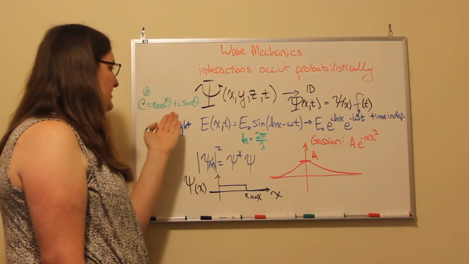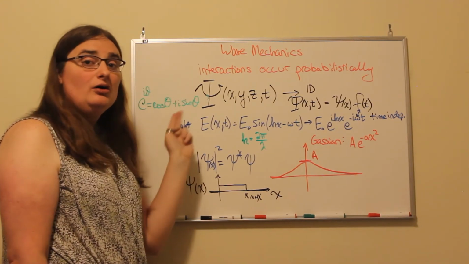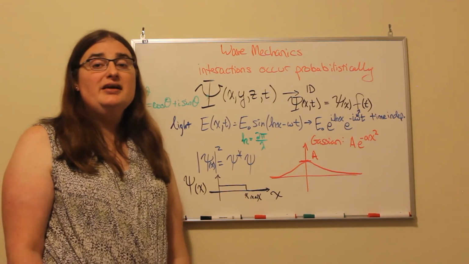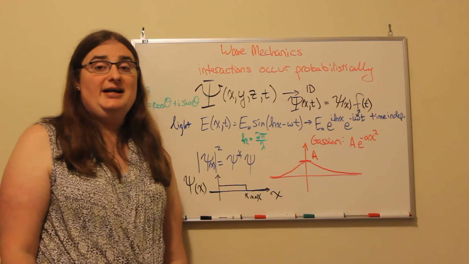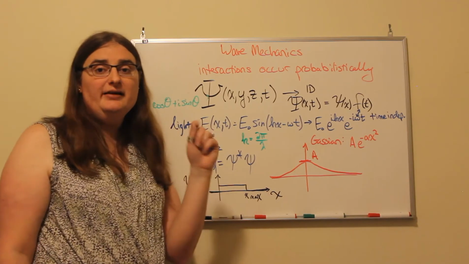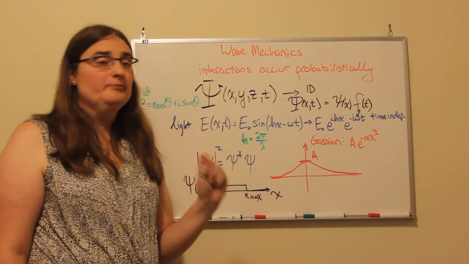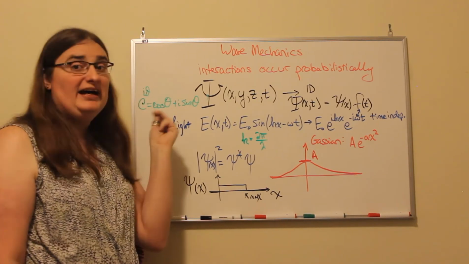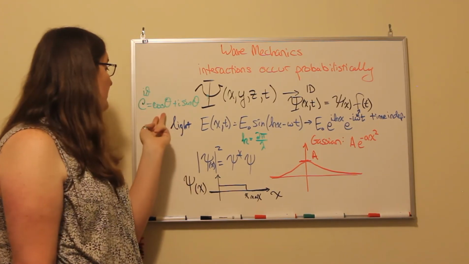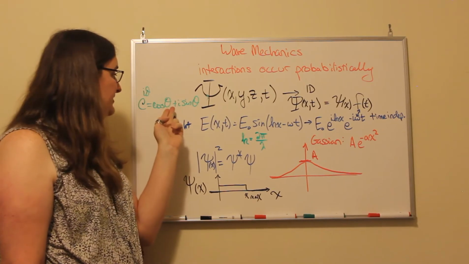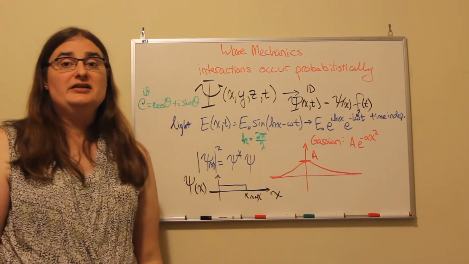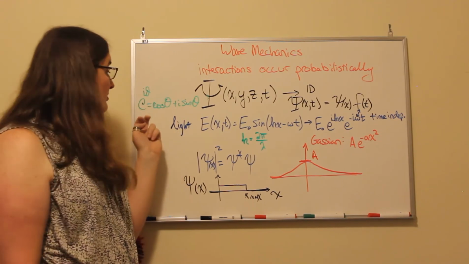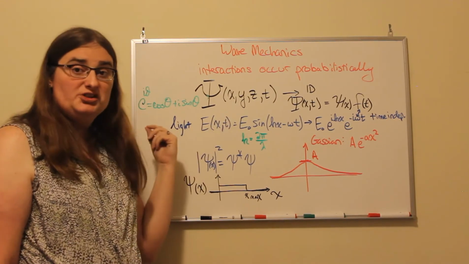For a complex conjugate, we take all of the square roots of -1 that we see and replace them with a minus sign. And if we have minus i, we would replace it with plus i. So the complex conjugate of this would be e to the minus i theta, which would be the cosine of theta minus i times the sine of theta. If I multiply that, cosine times cosine gives me cosine squared.